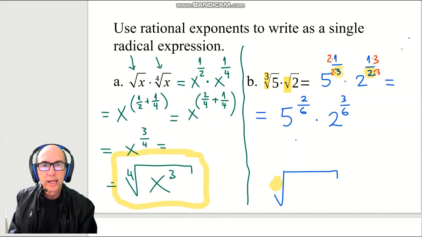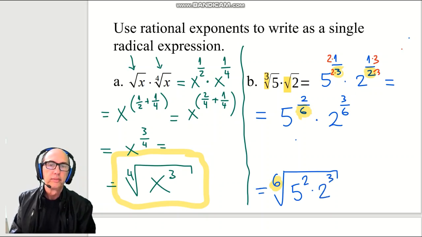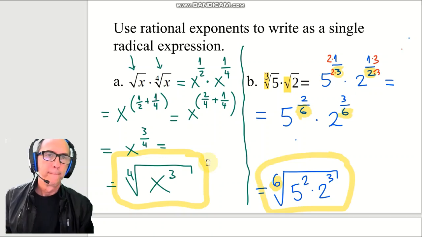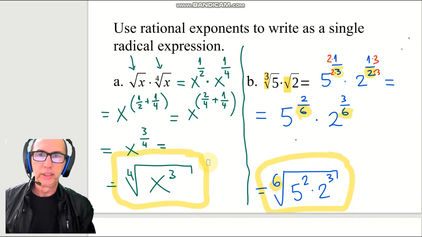Now we have the same index. Look, since they have a common index, write down here the index 6, and we can write 5 squared times 2 cubed, the numerator is 3. That's the final answer. With that example, we finished section 7.2 about rational exponents.